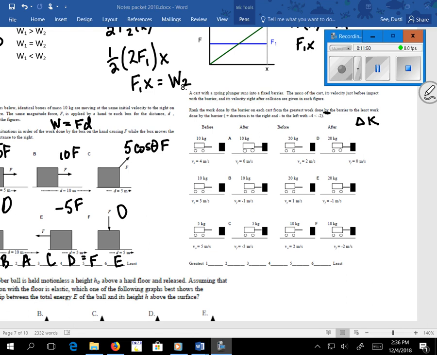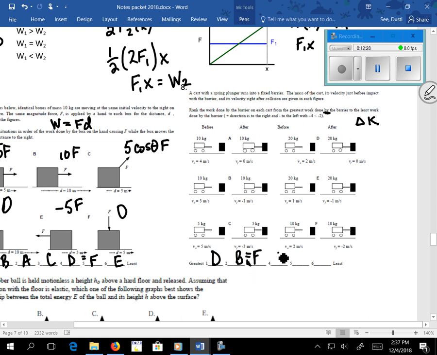When you look at the change in kinetic energies, because negative 4 is less than negative 2, we start with our afters minus our befores, and we end up with a ranking that should be D is greater than B, which is equal to F, and then we have E, and then we have C, and then we have A.